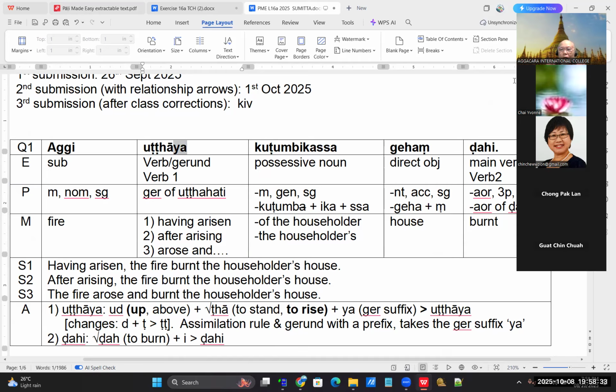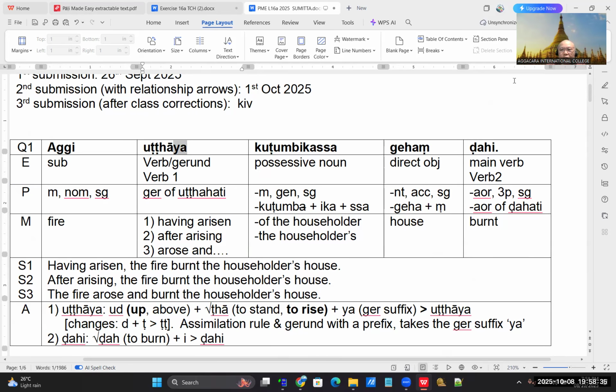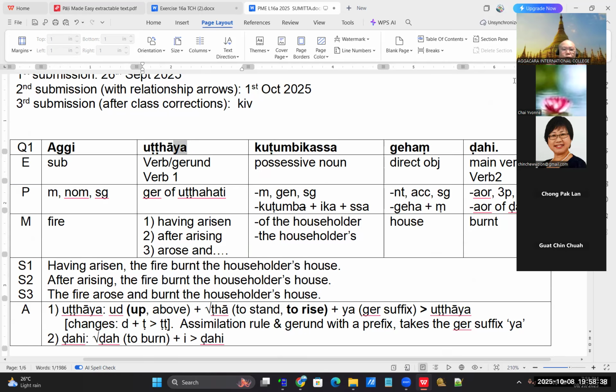One is tua, another one is ya. So when do we use the ya? With a prefix. So this ya is used when there is a prefix.